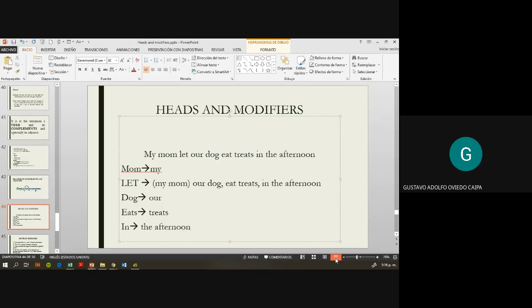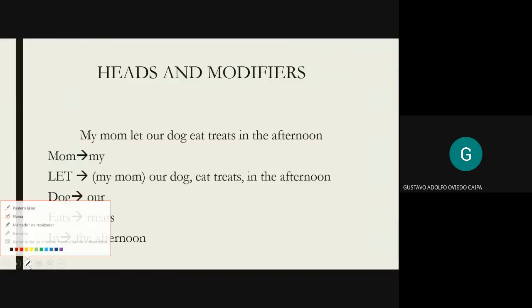And we are still missing one head. That head would be afternoon. So what word is given information about afternoon? In, the, no. Choose one of those.